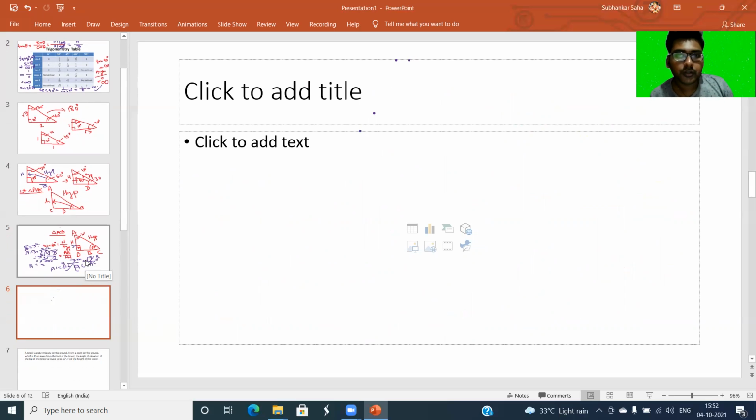In height and distance, two types of angle are here. One is the angle of elevation and one is the angle of depression. What is the angle of elevation?